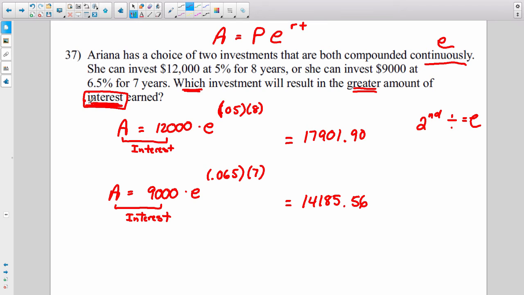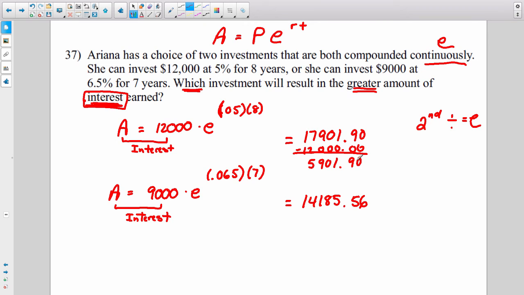Who earned more interest? Was it a 6.5% interest rate? Was it a 5% interest rate? Well, how do you know what the interest is? Well, what we said was it's the difference from the amount you started with to the amount you finished with. So we'll take away the 12,000 here, and we'll get an answer of $5,901.90.